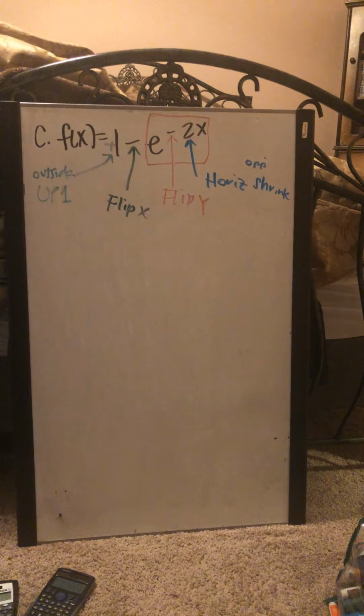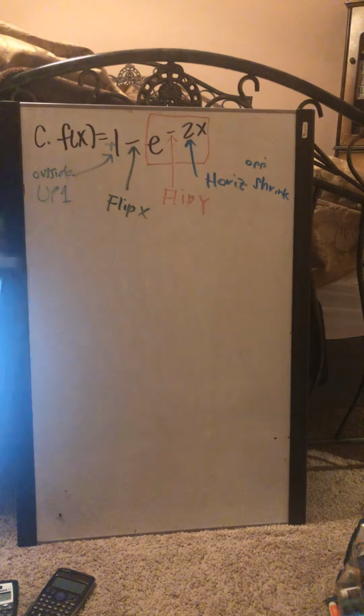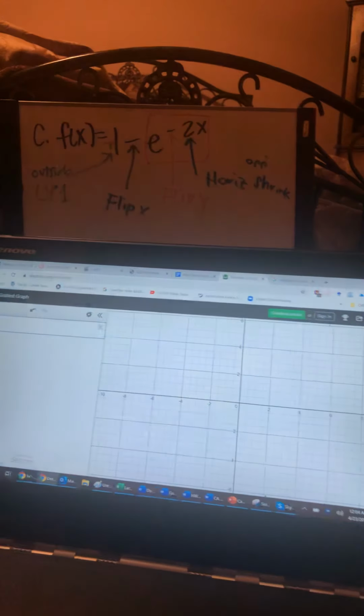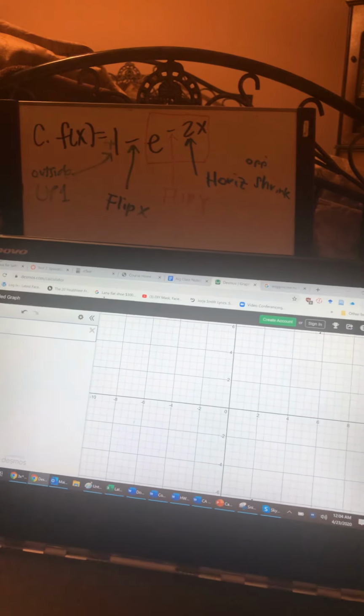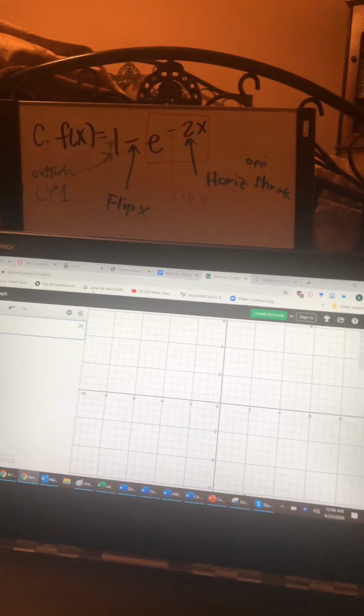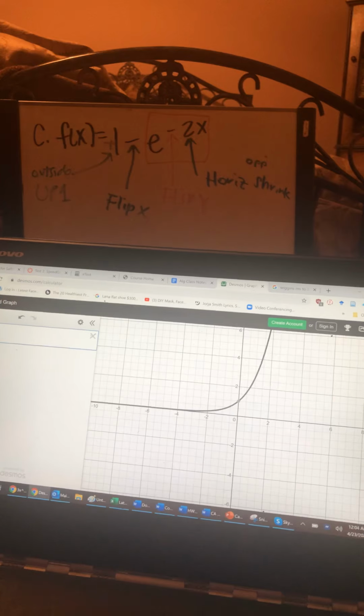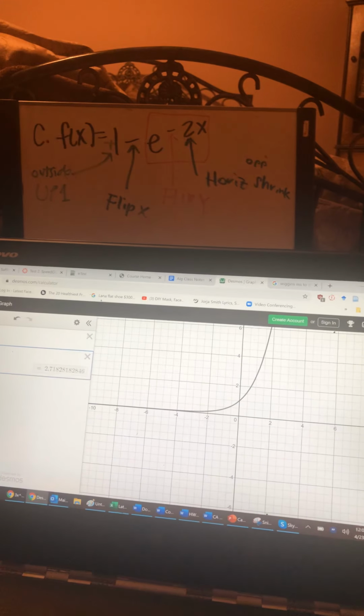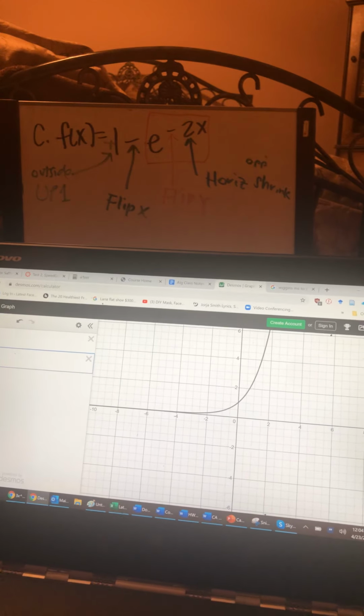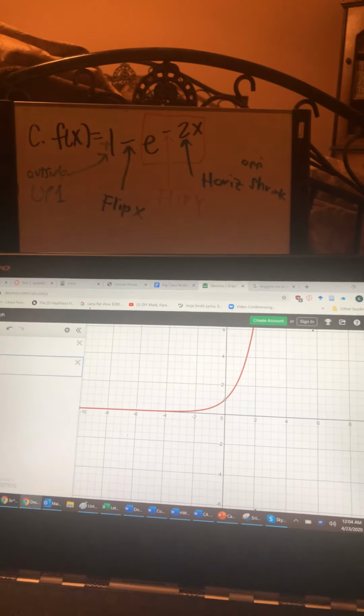So I'm going to go ahead and do that on my computer again, just to show you guys in a neater way. So if I were to do e raised to the x, we know that that looks like this, right? So now I'm going to take e raised to the x, and I'm going to multiply that x by 2.